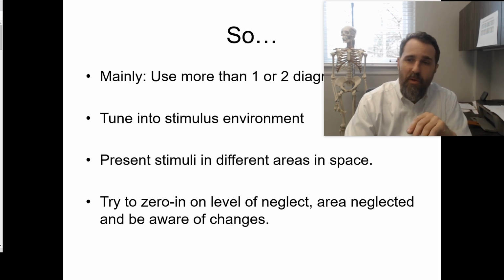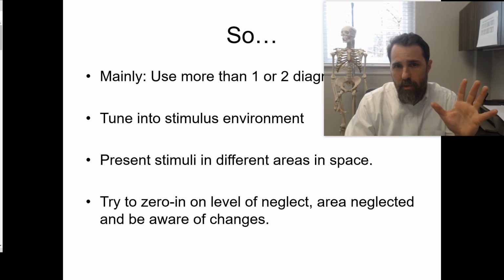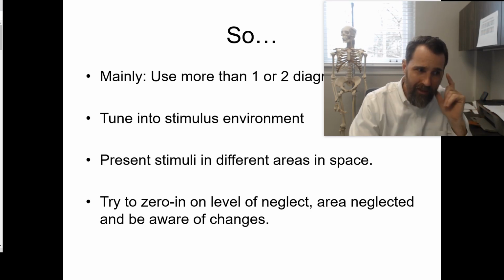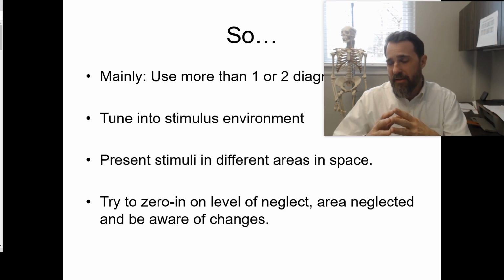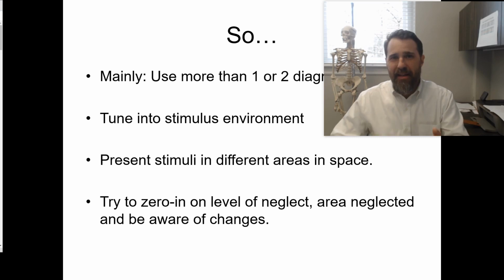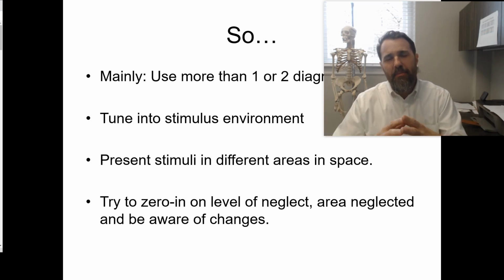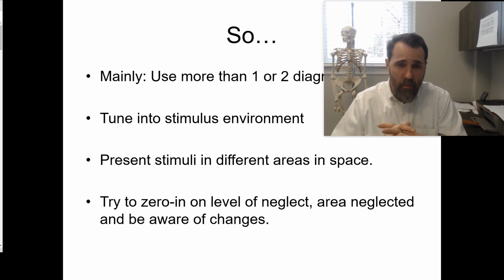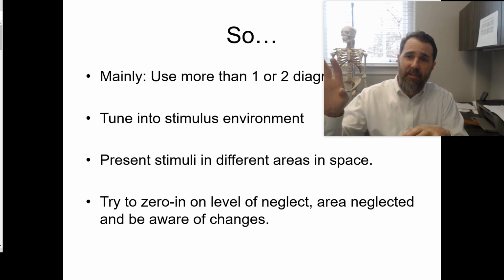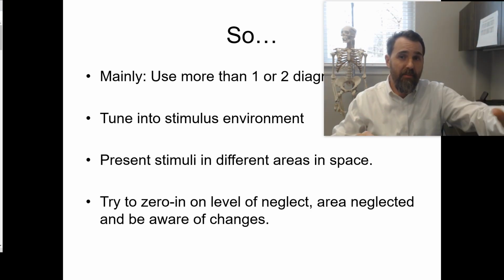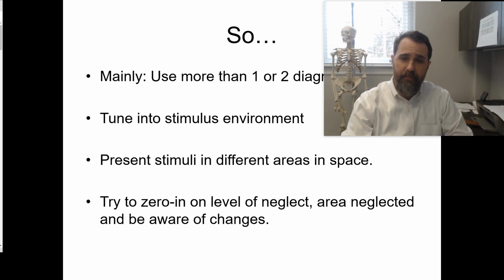This is to say you want to use more than one or two quick diagnostic tasks if possible. And this may be something as simple as backing up and going to the corners of their rooms and presenting information and asking them to respond to what you're presenting, so that you know that they're not neglecting those areas of extra personal space that are further away.